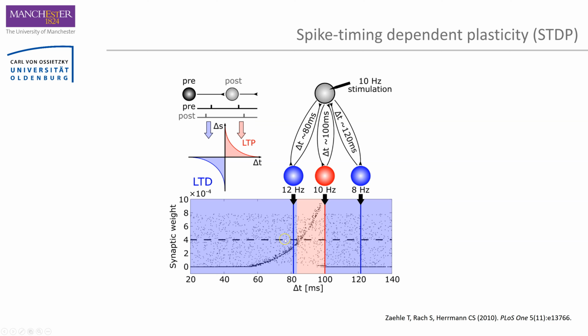So this dashed line here is the average synaptic strength, and you can see that for these circuits in this range, the connection strength was increased above that average. So this is some more evidence that the choice of frequency is important, not just for entrainment, but also for the induction of plasticity within our neural networks.